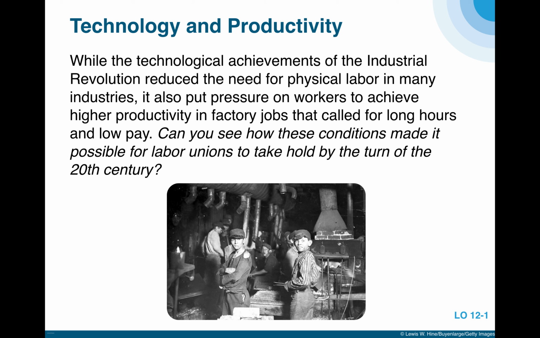While technological achievements of the Industrial Revolution reduced the need for physical labor in many industries, they also put pressure on workers to achieve higher productivity in factory jobs that called for long hours and low pay. Can you see how these conditions made it possible for labor unions to take hold by the turn of the 20th century?